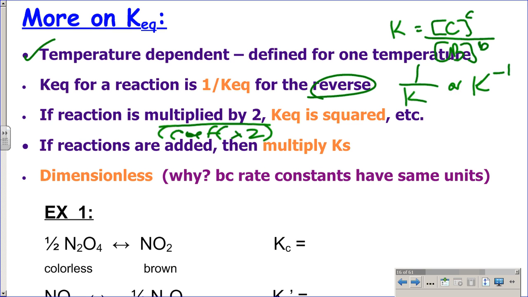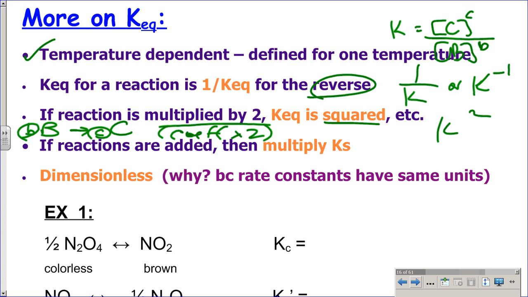So that's why you have to square K and not just multiply K by 2. In my hypothetical reaction, B yields C, so your b and your c are the coefficients of B and C. Those get transposed to exponents, so if you multiply all your coefficients by 2, you're essentially multiplying your exponents by 2, which means you're squaring them. So that's why it's K squared.